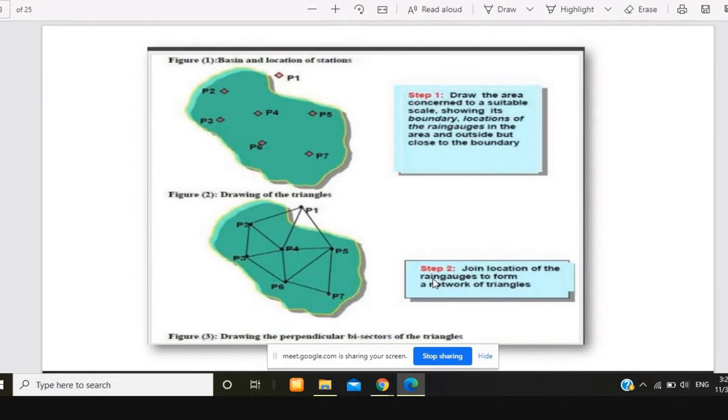So you take a graph paper, and according to the scale, plot the catchment area, locate the rain gauge stations given to you, then join each rain gauge station so that you obtain a triangulated network like this.